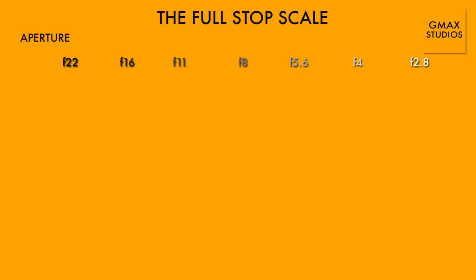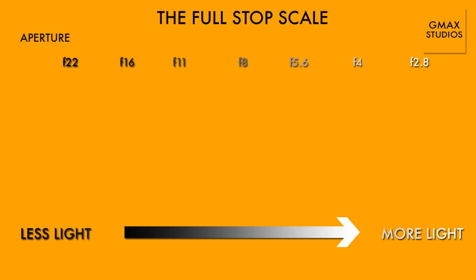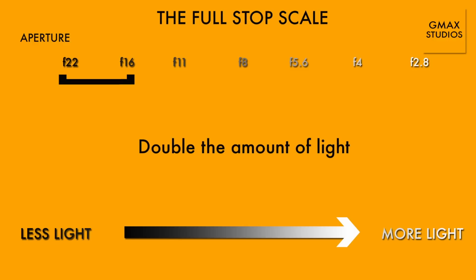Between each of these apertures, the amount of light doubles if we move from a smaller to a larger aperture. For example, if we open the aperture from f22 to f16, the amount of light entering the camera doubles. Similarly, between f16 and f11, the amount of light doubles too, and so on and so forth.